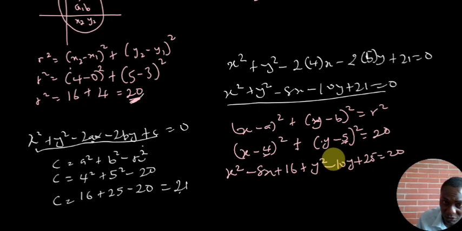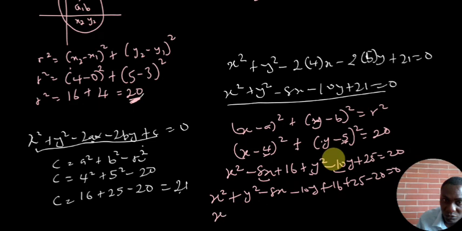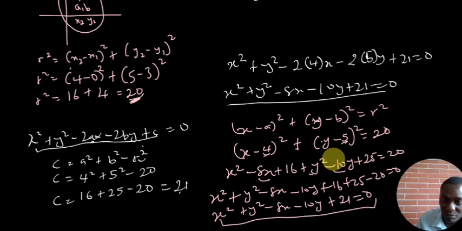So I'm going to have x squared plus y squared minus 8x minus 10y plus 16 plus 25 minus 20 is equal to 0. So this is going to be x squared plus y squared minus 8x minus 10y plus 21 is equal to 0, which is the same as before. So whatever method you use, you're going to arrive at the same answer. Okay, so that will be all for this.